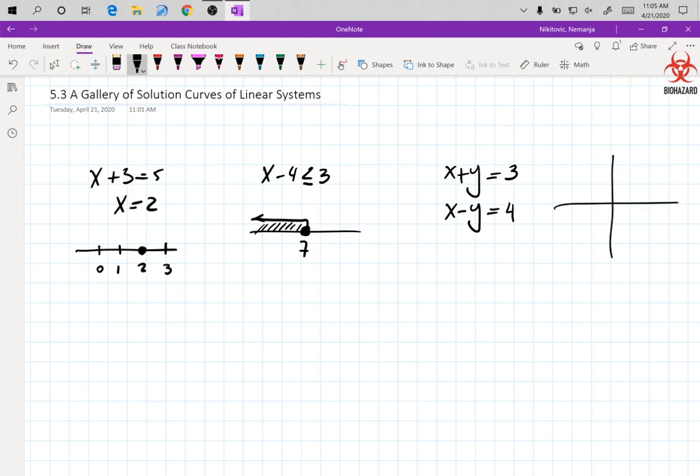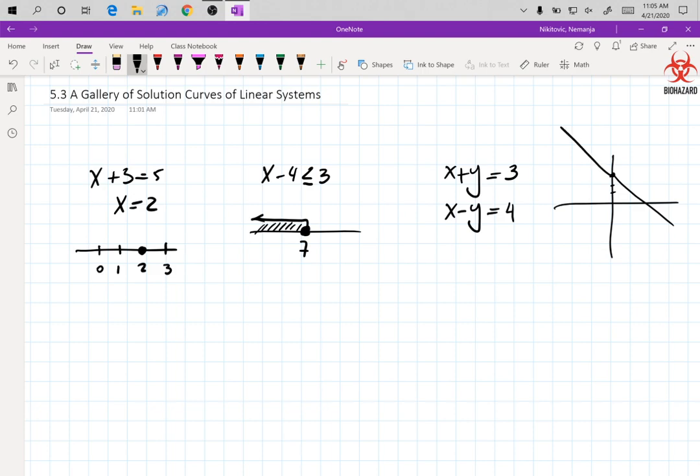This one is y equals negative x plus 3, so let's say this is where 3 is, and this one would go this way, because there was a negative x.